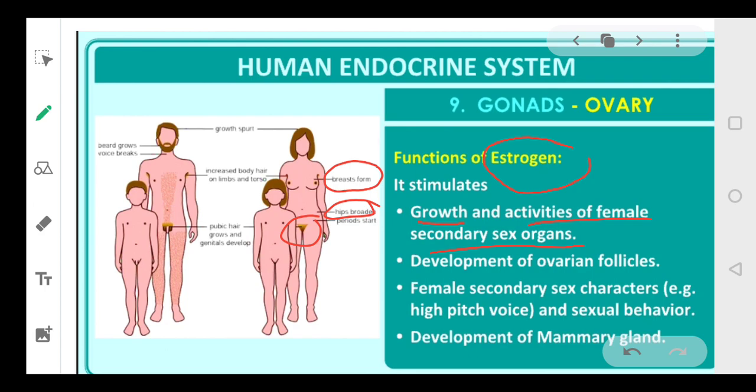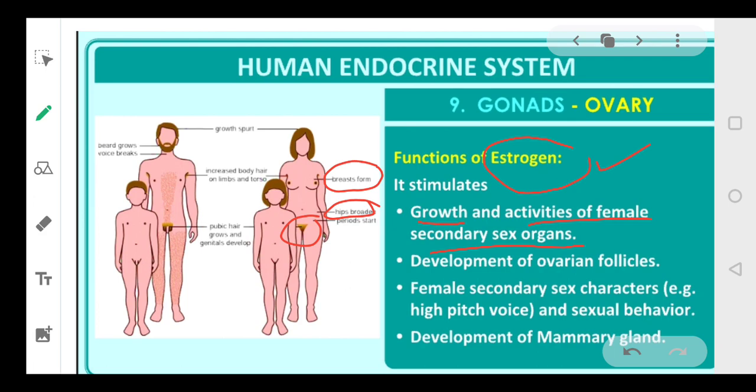All these changes occurring in the body of the female are referred to as secondary sex characters. The appearance of these characters is only because of the hormone estrogen.